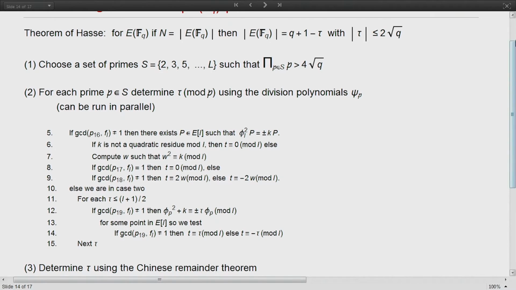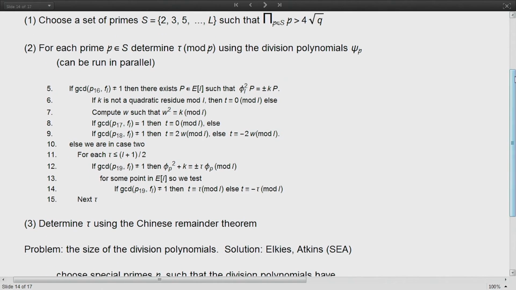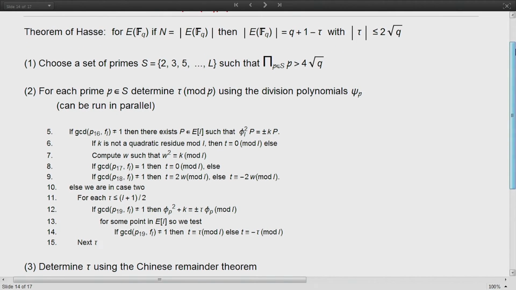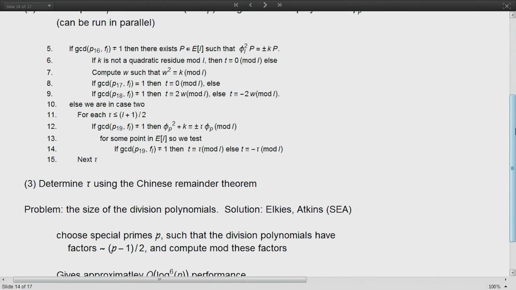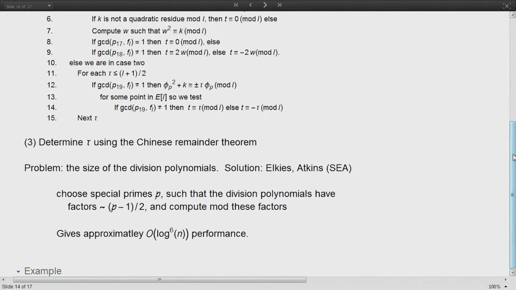And then for each of these primes, determine the missing element in the formula for the group size, mod those small primes, using polynomial arithmetic where my multiples of points in the basic formulas are replaced with the division polynomial-based formula. Once I know t mod all these small primes, I can get the actual full t back using the Chinese remainder theorem.